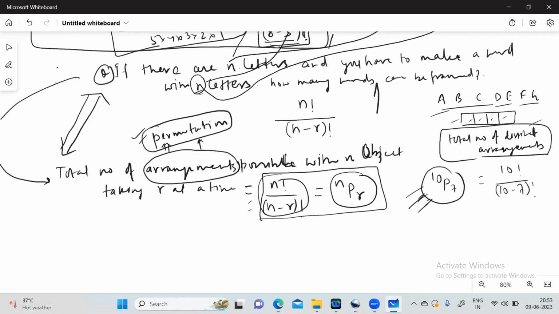Sir, 10 is the total number of arrangements here. No, not that. 10 is the total number of objects taken. Okay, yeah.